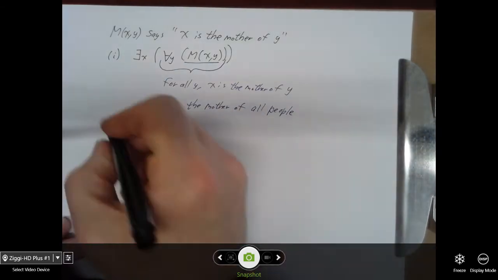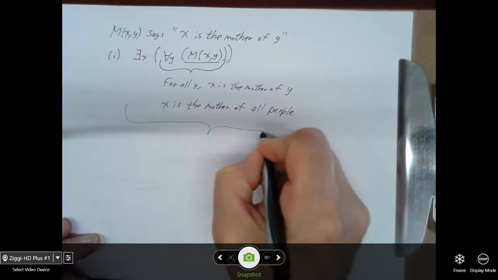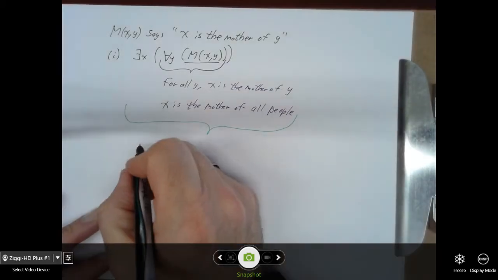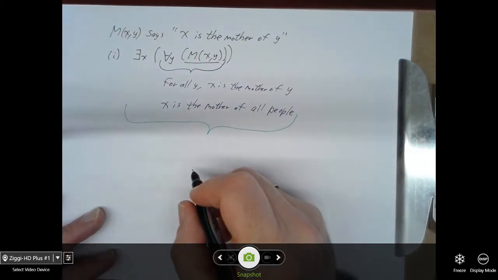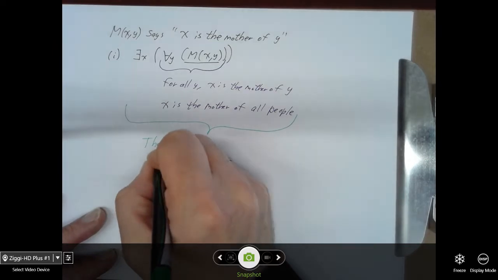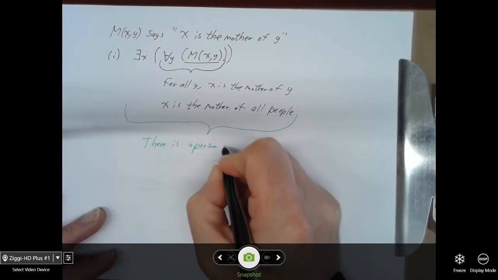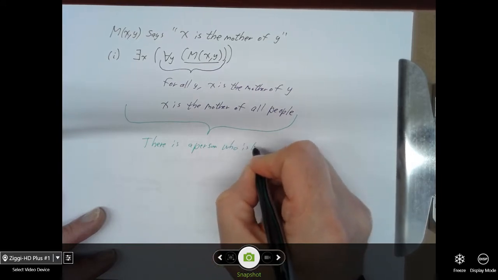So if we throw this existential quantifier in front, what is this saying now? There exists an x. X is the mother of all. Yeah, there exists an x such that this is true. In other words, there is a person who is the mother of all people.